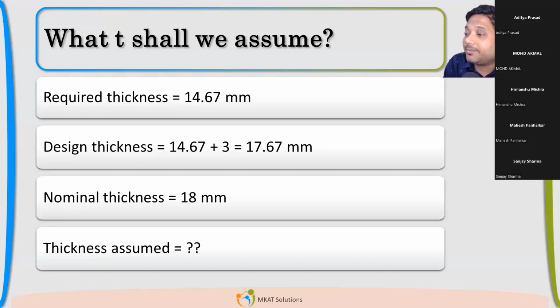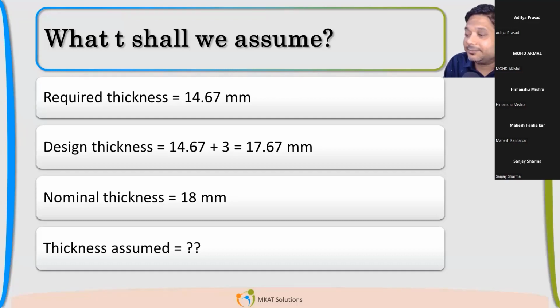Hasin is saying 17.67. Manoj says 18 corroded, but 18 is not the corroded thickness. If the nominal thickness is 18, after corrosion it becomes 18 minus 3. Aditya is saying required thickness 14.67. Okay, lots of variety.